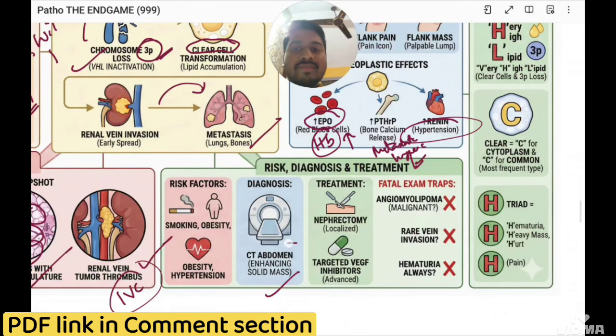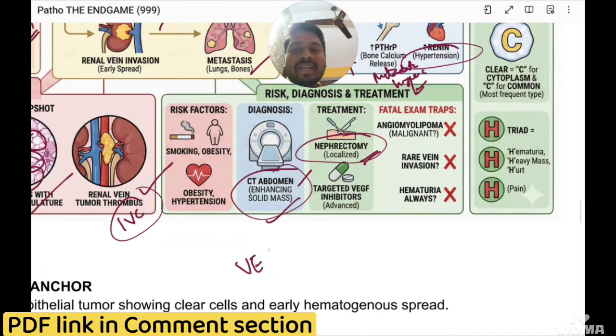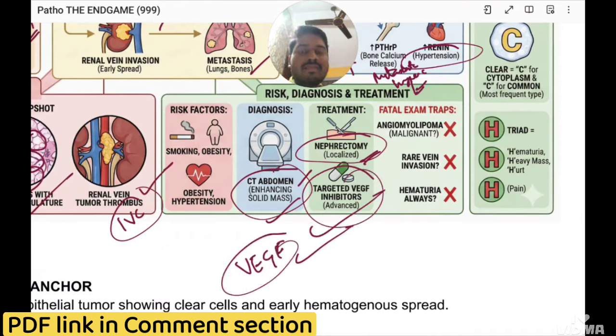Diagnosis is mainly by CT abdomen, where you do staging also, and then treatment is by nephrectomy. You just cut that particular piece of kidney which is affected, and then we'll see in surgery how staging differs. The main modulator here is VEGF, so targeted VEGF inhibitors have more role in renal cell carcinoma.